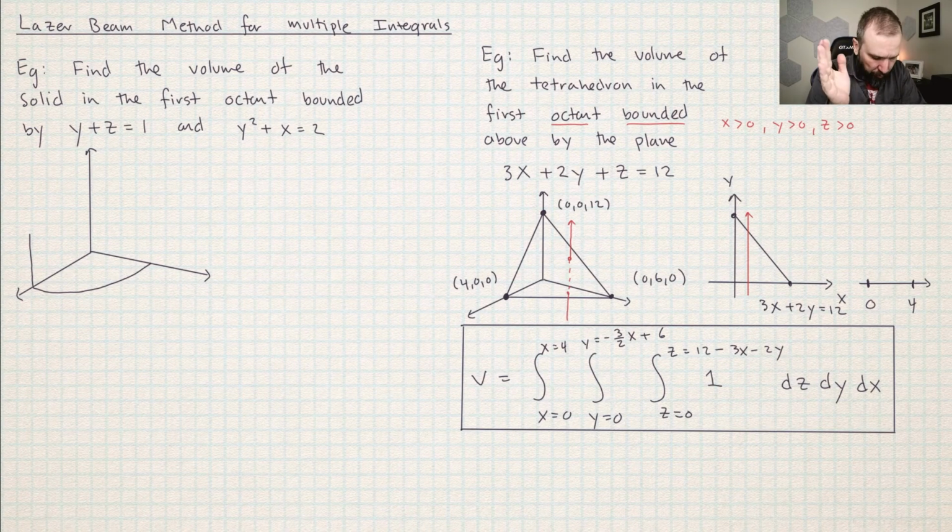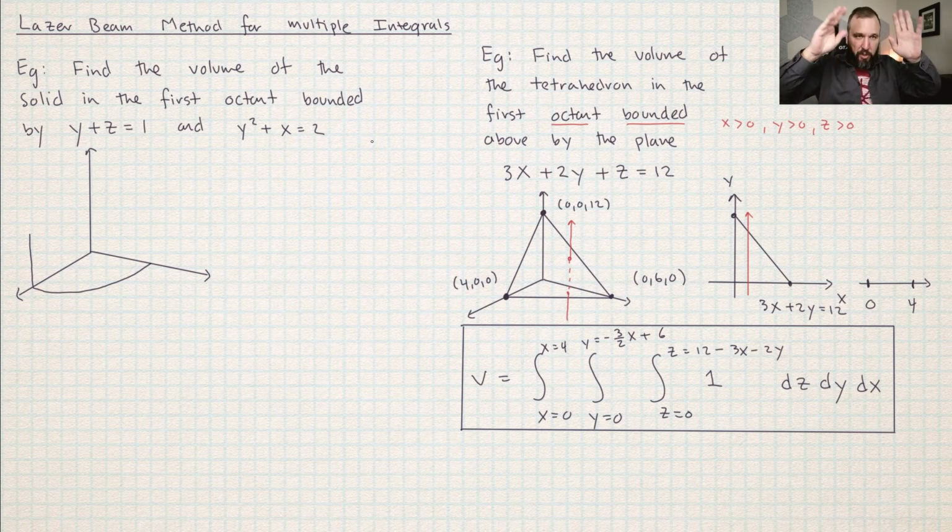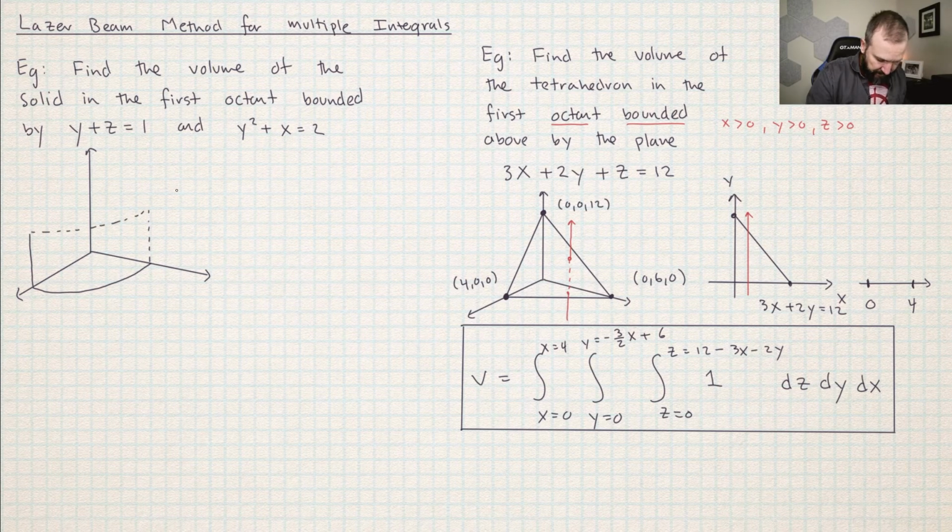Okay, so I've started to draw this solid. So I started to draw this parabolic cylinder here. So it's a parabola, but it just goes up and down everywhere in the z direction. So, you know, if I were to include everything, it would go up like this. Okay, just up forever. But it doesn't, because it's had its top chopped off by this plane y plus z equals 1.